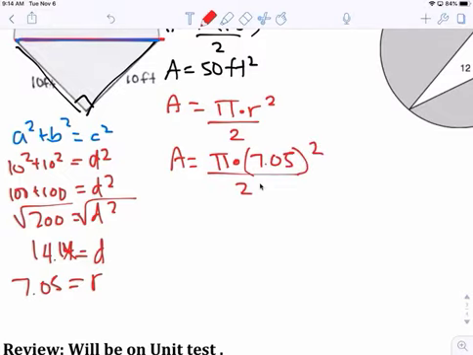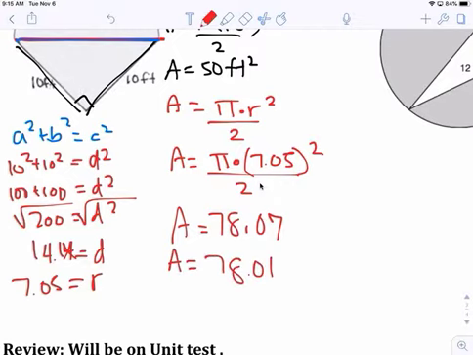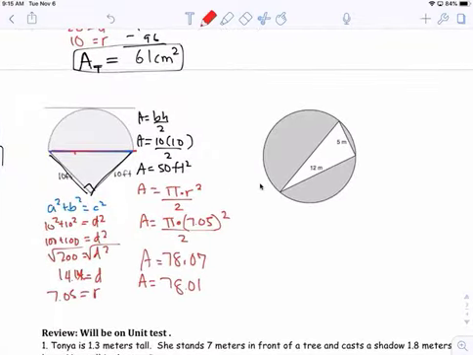Okay, you can use a calculator for this. Use the symbol pi, times 7.05 squared, divide the answer by 2. You get 78. Area rounded to the nearest tenth is 78.07. And then you add those two together because they're all shaded.